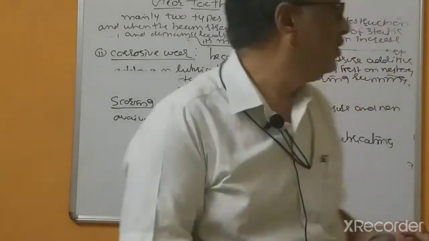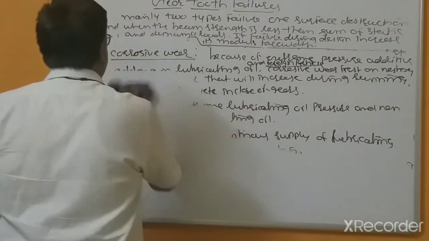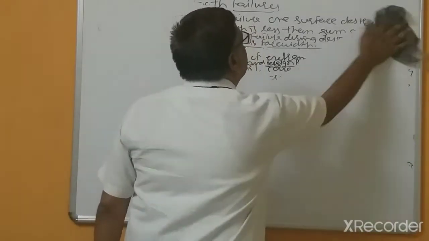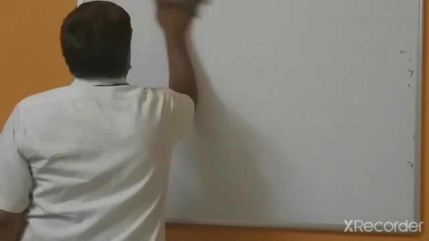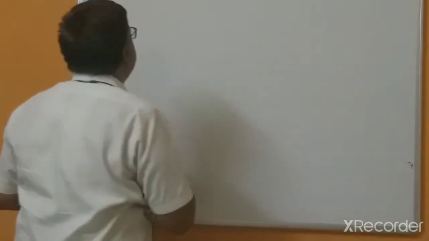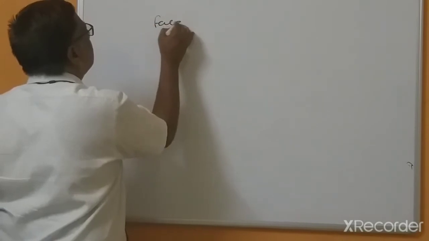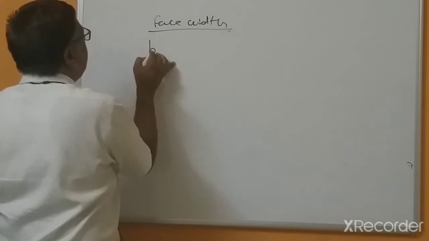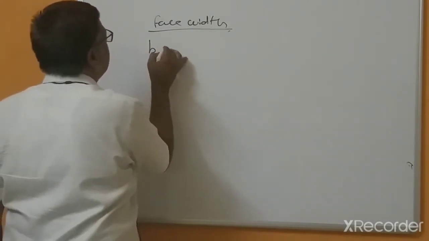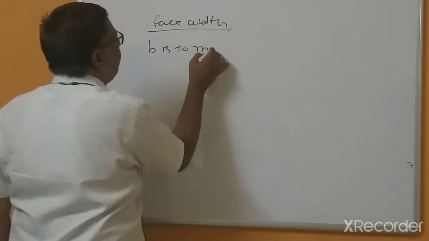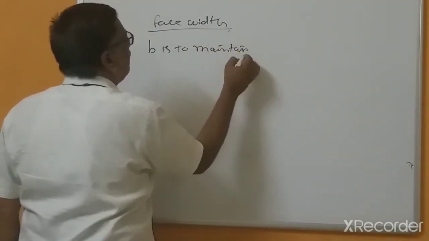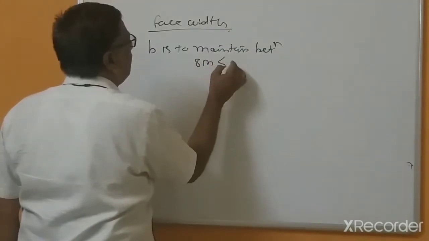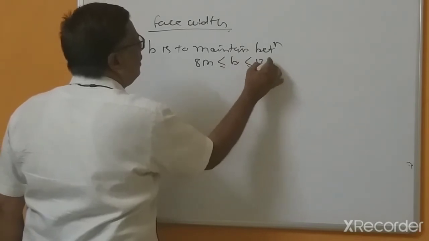So next is, what is the face width? Face width. So the notation is generally B, and this B is to be maintained between 8 m to 12 m.